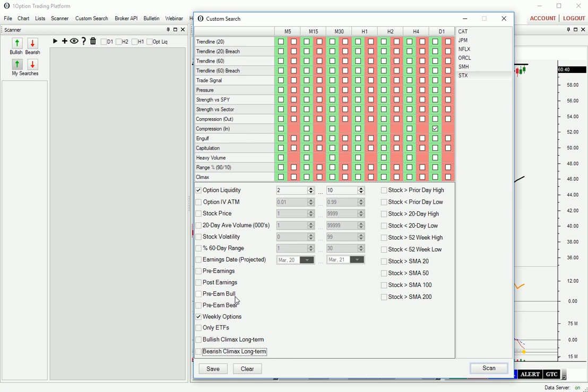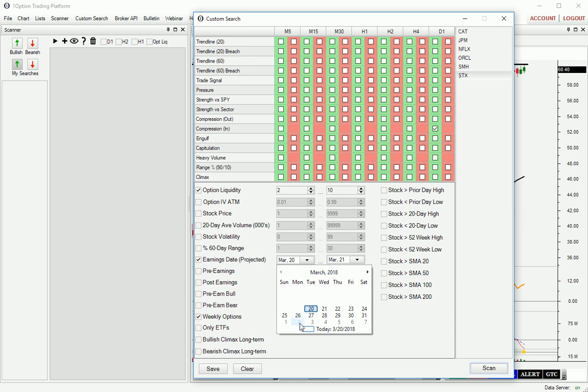So what I want to find is, since I'm going to be selling a bullish put spread, I want to find a stock that announces 2 weeks from now, because it should be rallying for the next 2 weeks and that bullish put spread should expire. So I'm going to click my earnings date projected, and I'm going to select from the calendar something that's a couple weeks out.